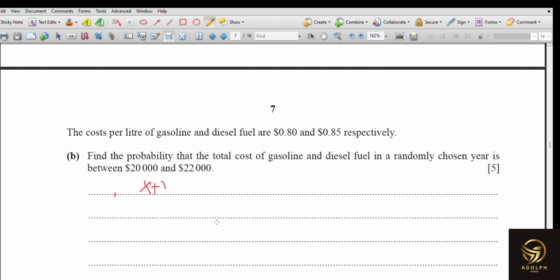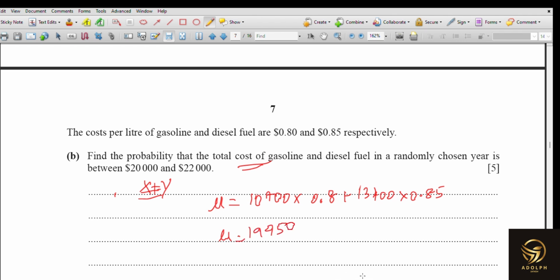Since we have to find X plus Y, it is not directly X plus Y, it is the cost of X plus Y. The mean cost is 10,700 multiplied by 0.8, plus 13,400 for diesel multiplied by 0.85. The mean I'm getting is 19,950.